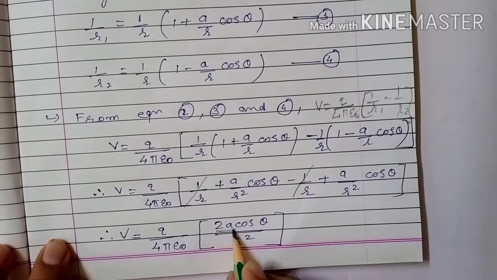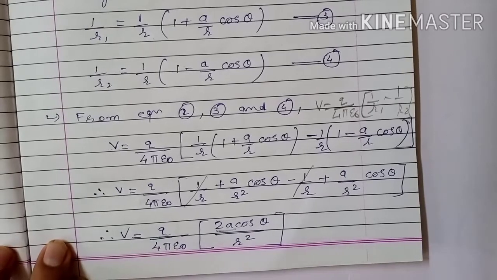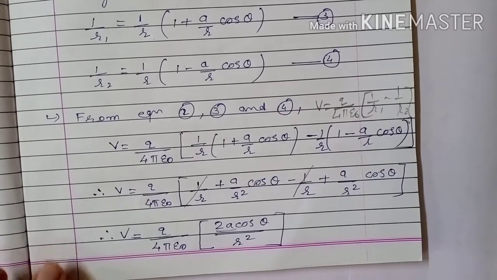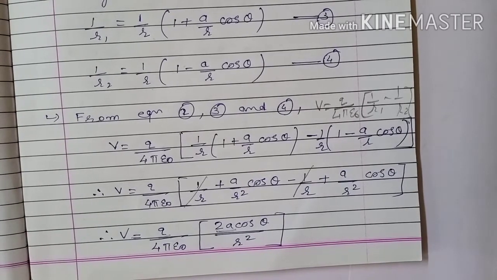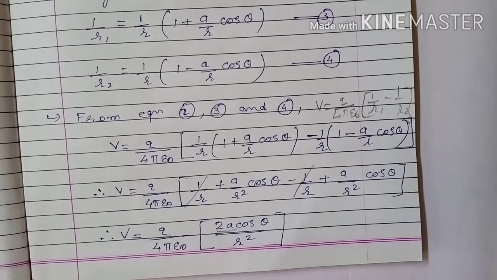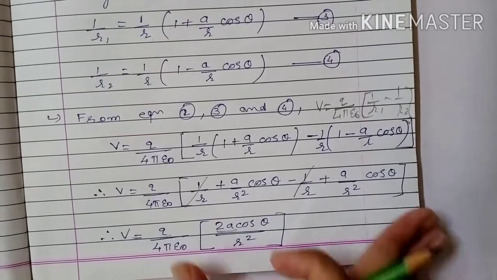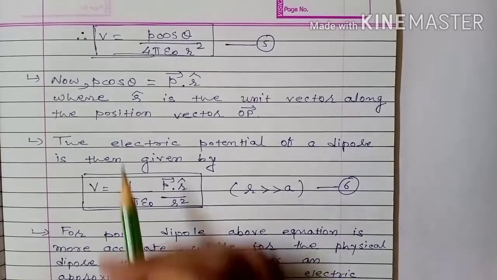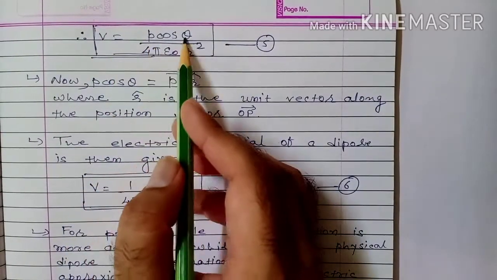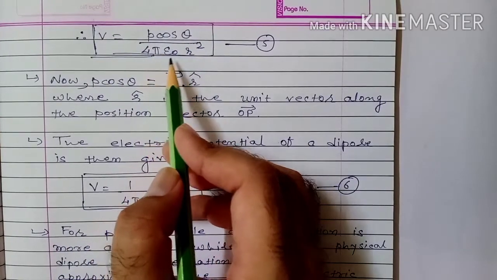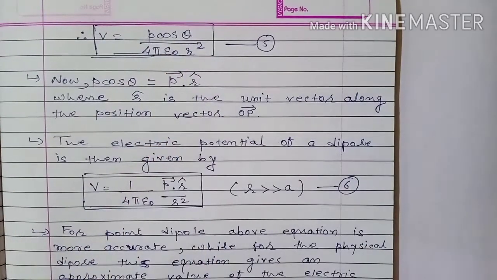This is 2a and this is Q. Q into 2a is called the dipole moment p. So instead of Q into 2a, we can write p. Therefore the potential at point P can be written as p cos theta upon 4 pi epsilon naught r square.